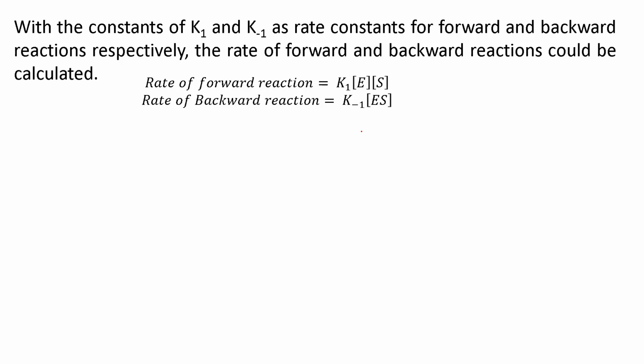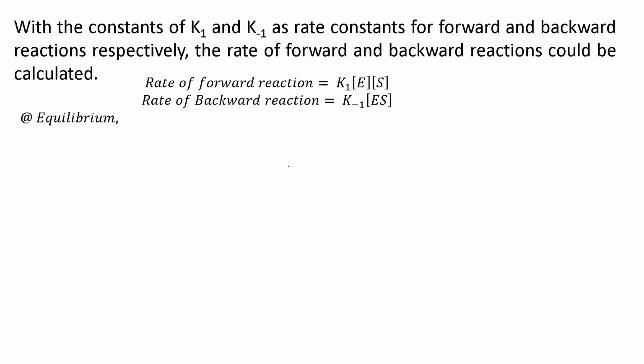Remember, when it comes to substrate concentration, we are not talking about free substrate concentration and bound substrate concentration. So substrate concentration remains substrate concentration. Now, the rate of the backward reaction will be K minus 1 multiplied by the ES concentration.